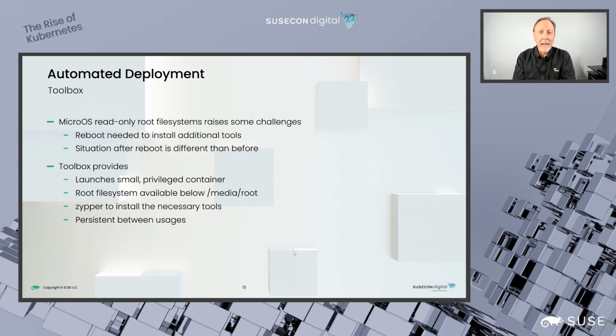And inside of there, I can run all my zypper tools and do all the things that I would traditionally do, running my zypper commands, things like that. And it will survive reboots and changes that I make. Pretty cool stuff. Yeah. To have this capability to get in and manage it in an easy fashion.